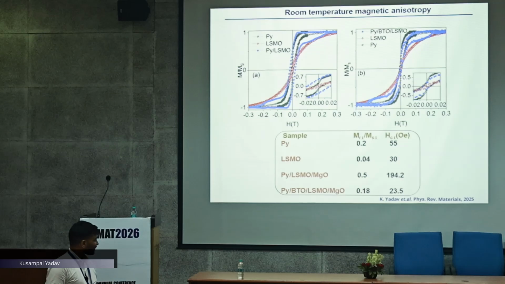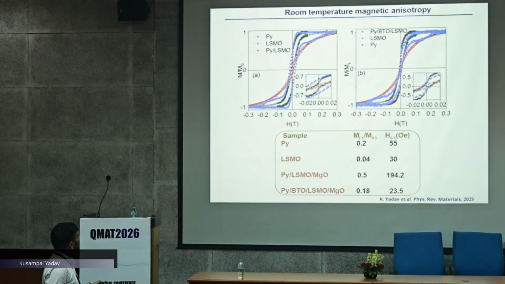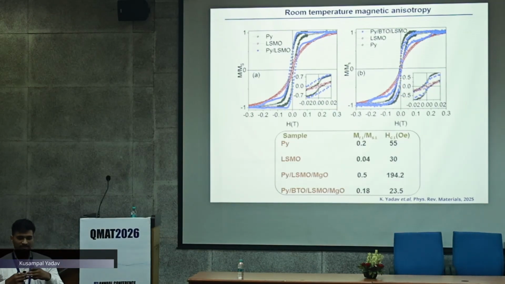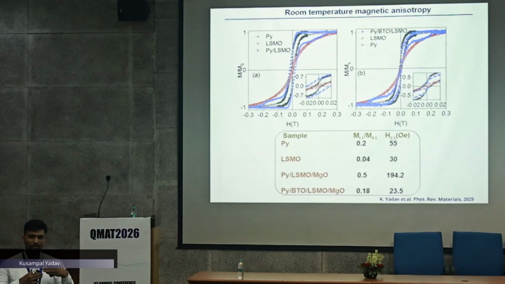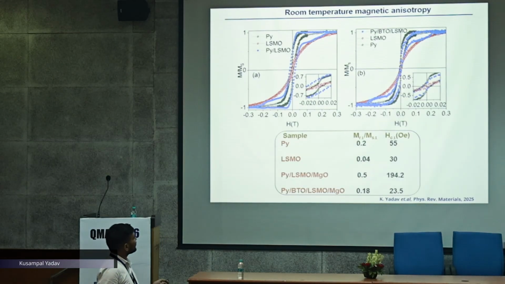But what we have observed in permalloy LSMO is that the coercive field is much higher in comparison to the single permalloy and LSMO layers, which shows that there is some magnetic interaction between the permalloy and LSMO layers. And as we have decoupled these layers, the coercive field that we have obtained is similar to that of the single LSMO layer.